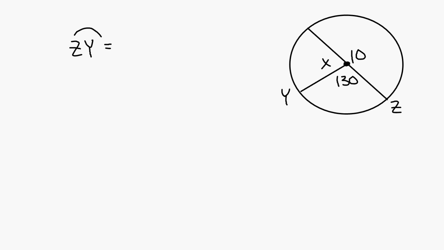All right, so central angle, which is 130, divided by 360 times. Now, if they give you the diameter, just use pi times diameter. All right? So 10 pi.